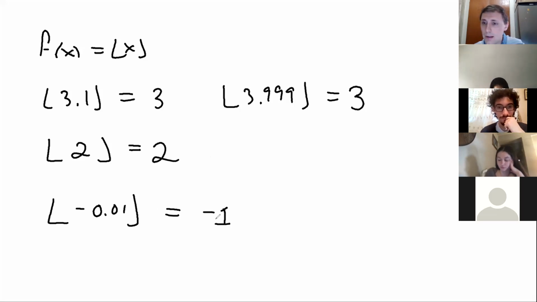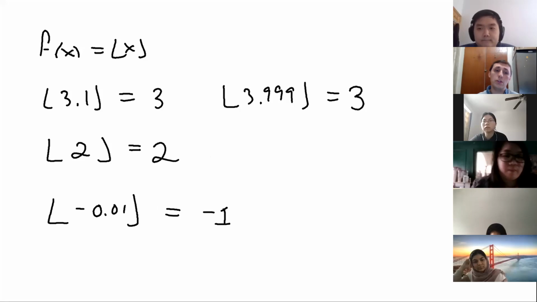Yes? Good? So the question now is, where is the greatest integer function discontinuous?